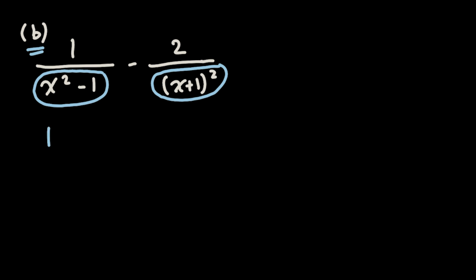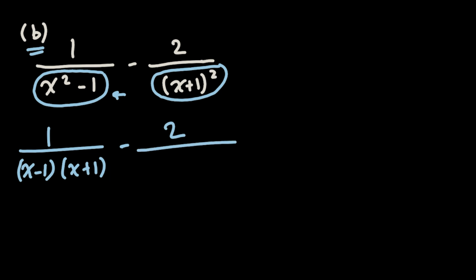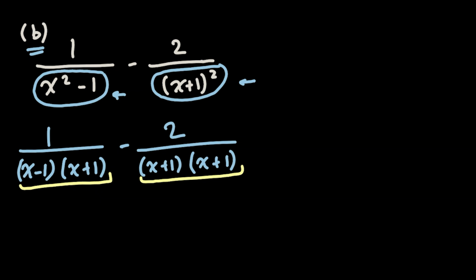So we'll have here 1 over, this is the difference of two squares, so we can just rewrite it as x minus 1 multiplied by x plus 1, minus 2 over, this is x plus 1 squared, so we can just rewrite it as x plus 1 multiplied by x plus 1.